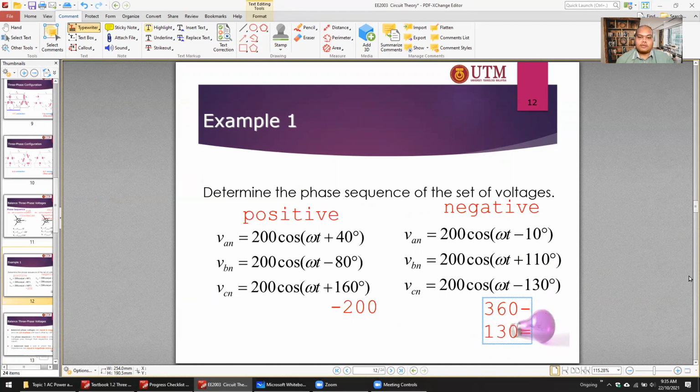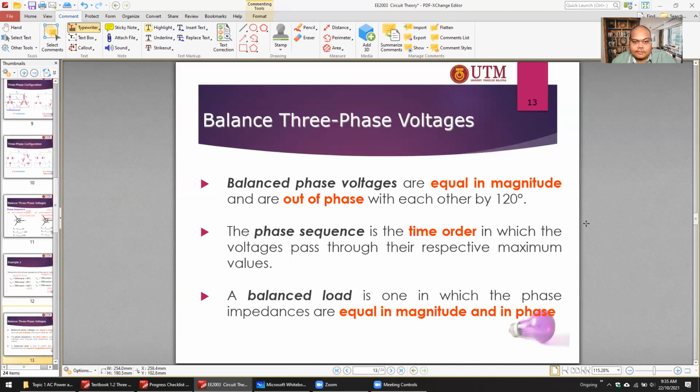So you get 260 degree angle. This one is a balanced three phase. Balanced loads. If they say balanced three phase system, it means the load is balanced, meaning that the Z for each phase is the same.